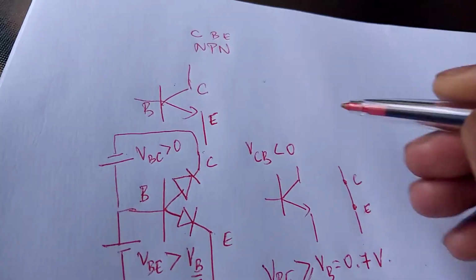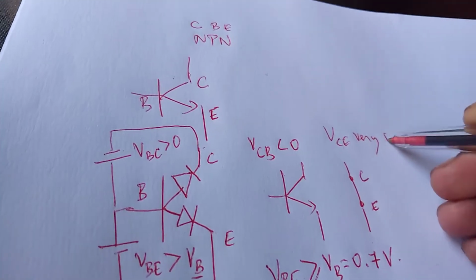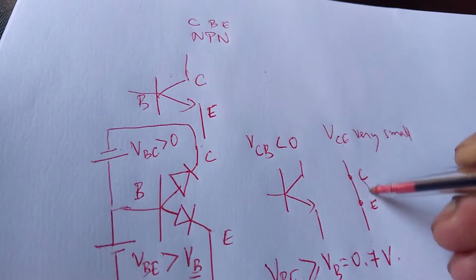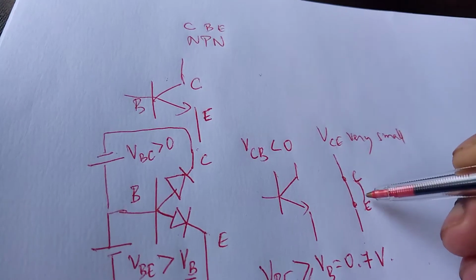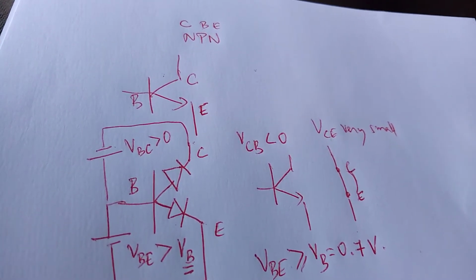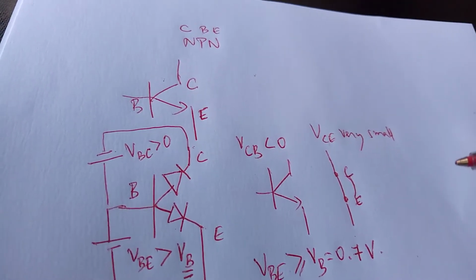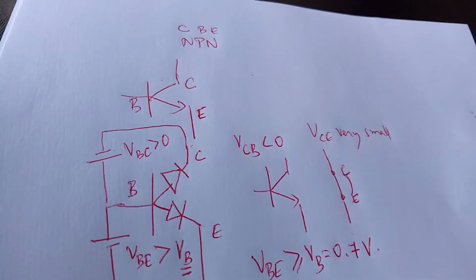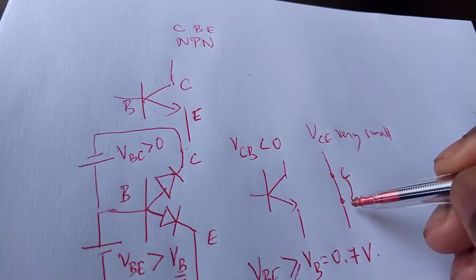And what that means in terms of VCE is that VCE is very small. When you think about it, VCE is normally made up of the resistance that a transistor opposes from the collector to the emitter, combined by Ohm's law with the current flowing through that region, which makes up the voltage VCE.